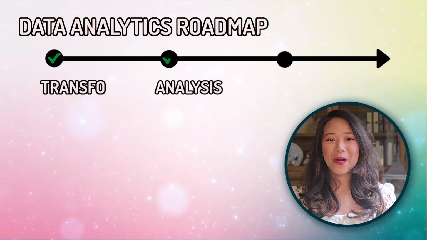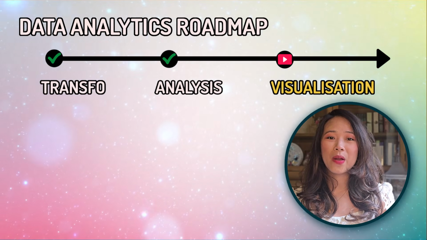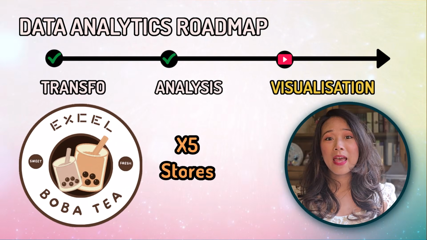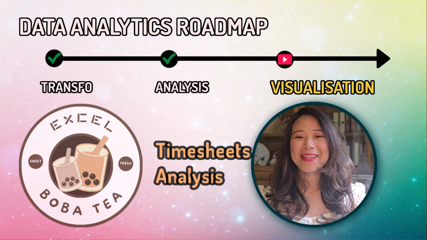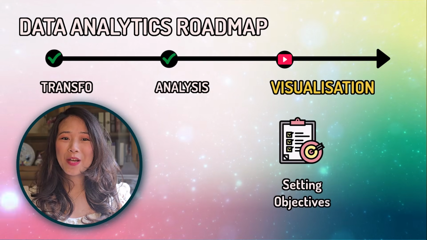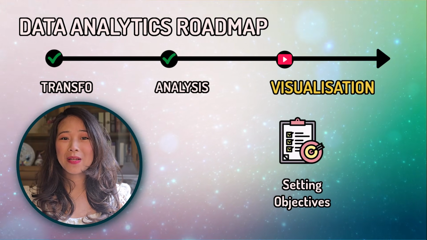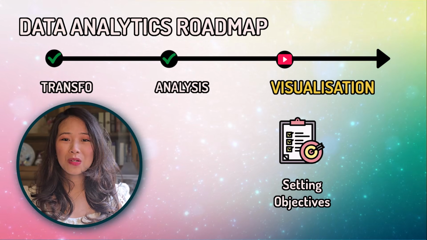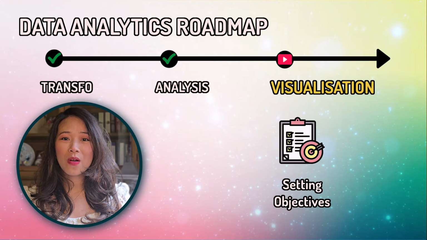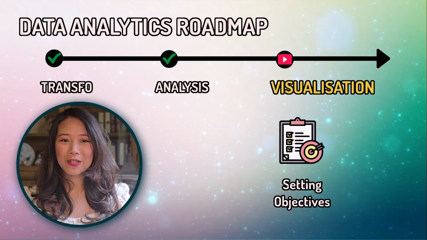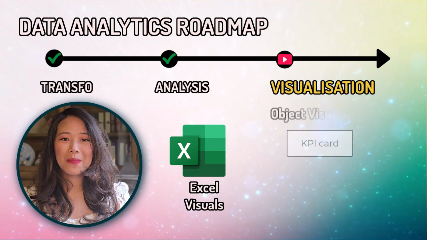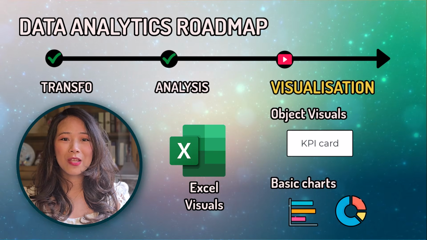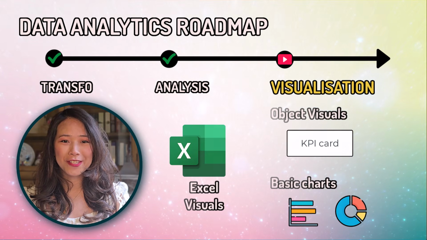This video is a part of a larger series where we're helping Excel Boba Tea, a growing boba tea chain, make sense of their timesheet data. In the previous episodes, we kicked off our visualization journey by structuring our analysis worksheet and setting up a strong foundation for our charts and dashboard. We also got some hands-on experience by building some simple and effective visuals using basic objects and charts.